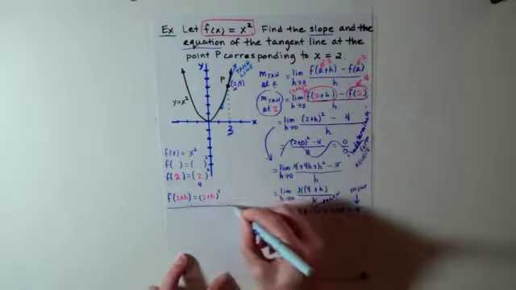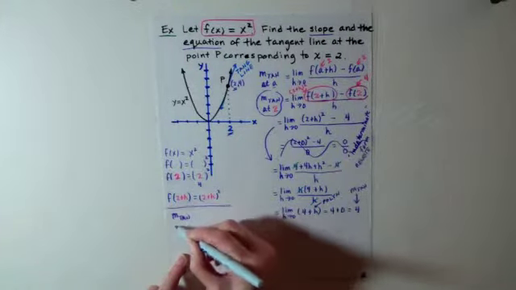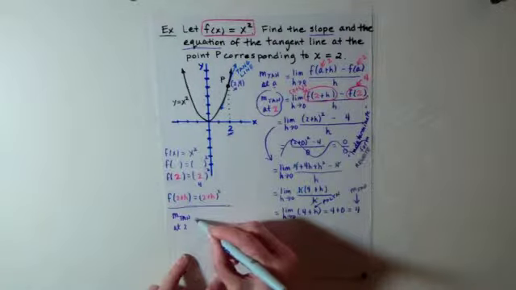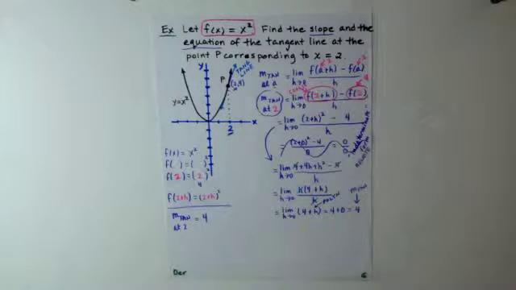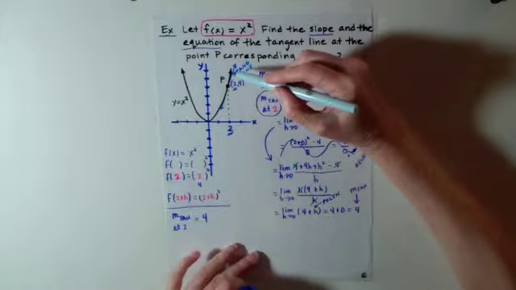So what we found here then is that the slope of the tangent line at P, at the point corresponding to an x value of 2, is equal to 4. Well, could that possibly be right? Let's look at this blue tangent line that we drew. What we're saying is that the slope of that blue tangent line should be a slope of 4.